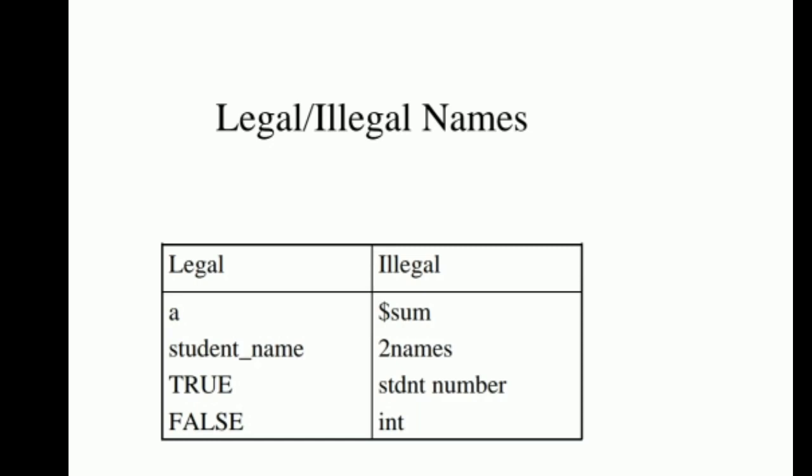For example, backslash n is used for a new line. The backslash causes an escape from the normal way the characters are handled by the compiler.